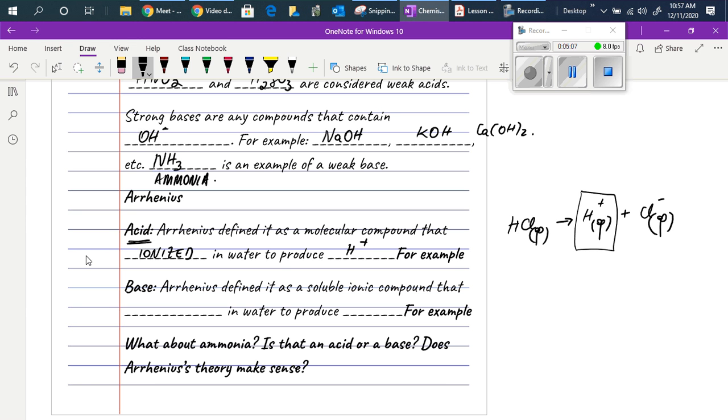And Arrhenius defined a base as a compound that is dissociated in water to produce the hydroxide. An example of this will be, let's say, sodium hydroxide. In aqueous solution it will be sodium plus OH minus, or any other base.